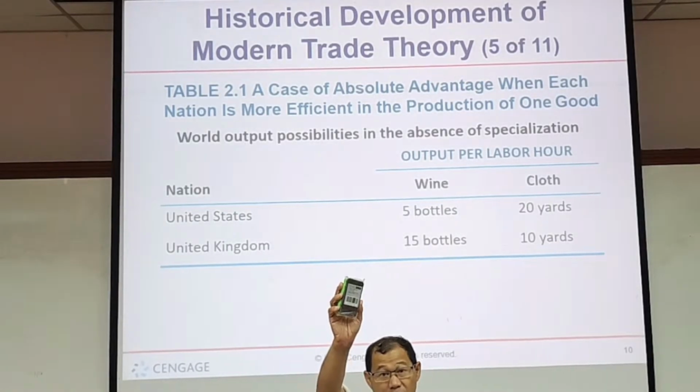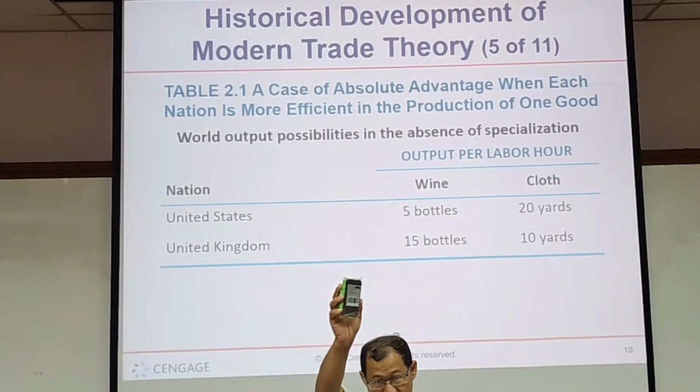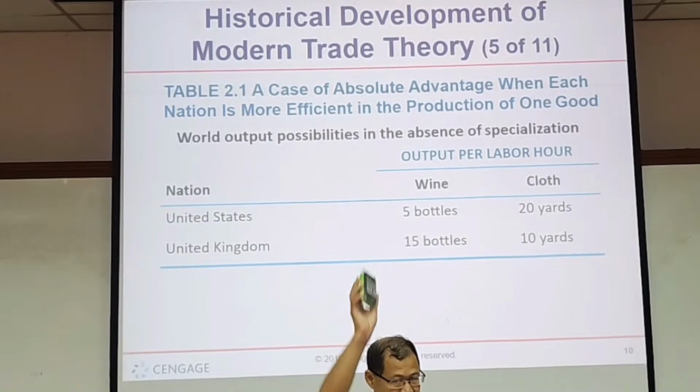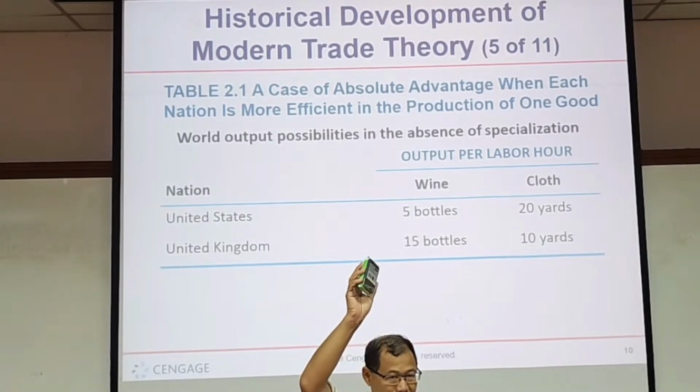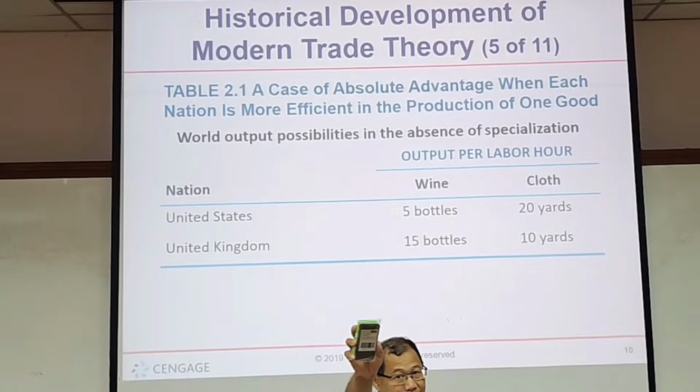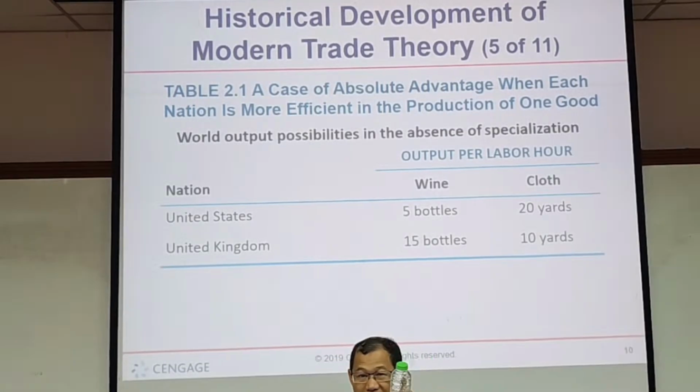Country B needs 20 people for the other. Country A is more efficient in this, and country A will specialize in the production of this and will export this. On the other hand, it will import this efficiently.